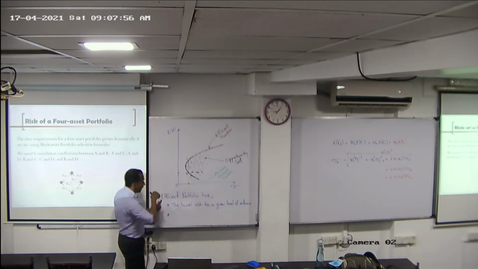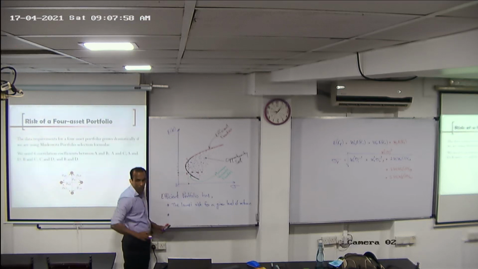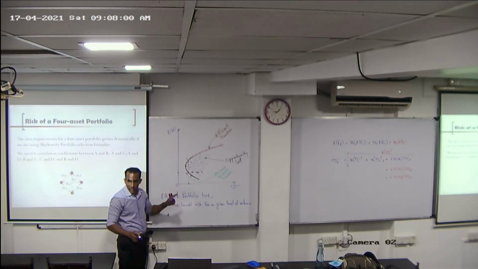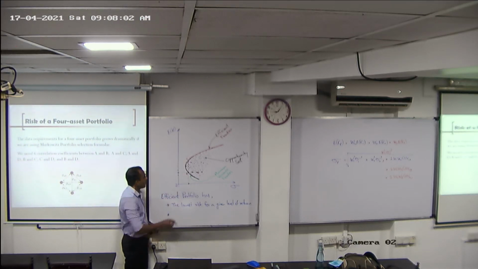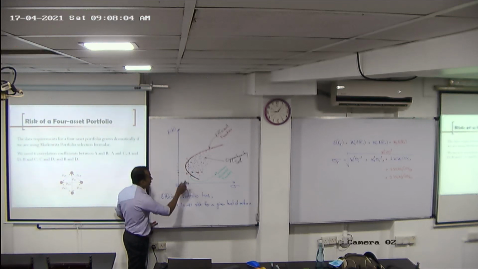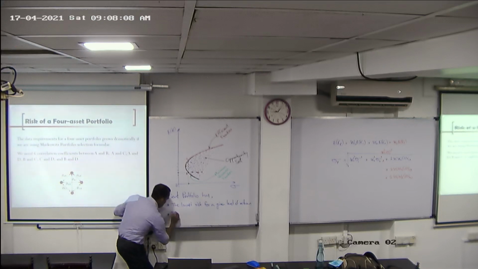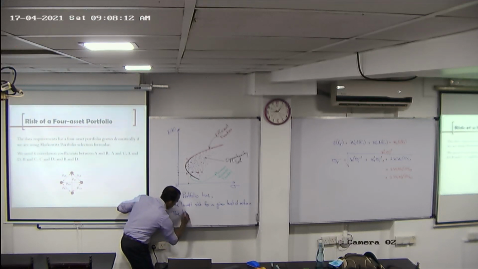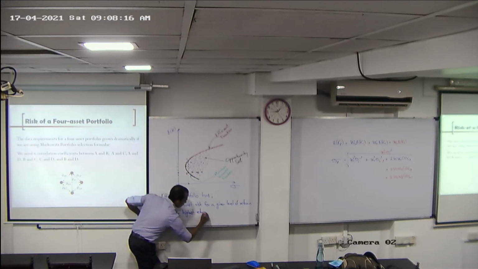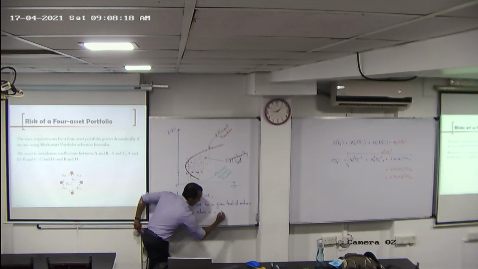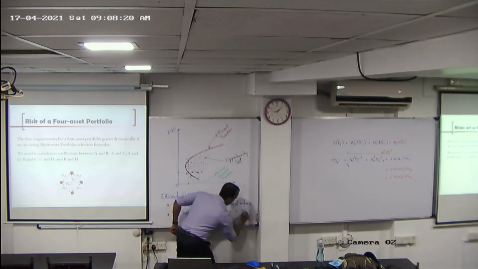Right? That requirement is satisfied by portfolio B. But it is not efficient. Why? There is another requirement. It also should have the highest return for a given level of risk. Right? So not only this, the highest return for a given level of risk.